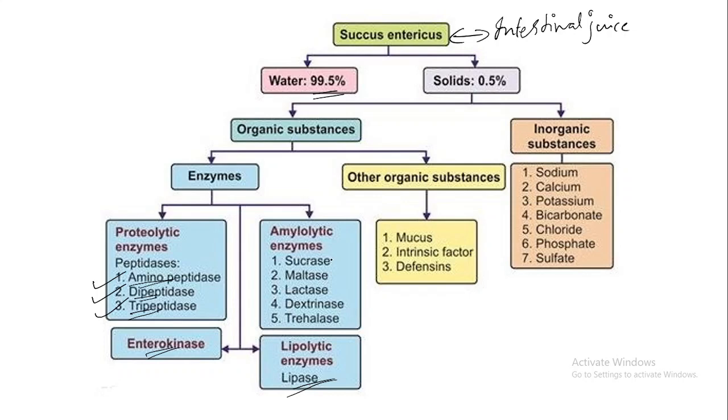Among the carbohydrate enzymes, sucrase acts on sucrose and produces the monosaccharides glucose and fructose. Maltose is acted upon by maltase to produce glucose. Lactase acts on lactose. Dextrinase acts on dextrin. Trehalase acts on trehalose.